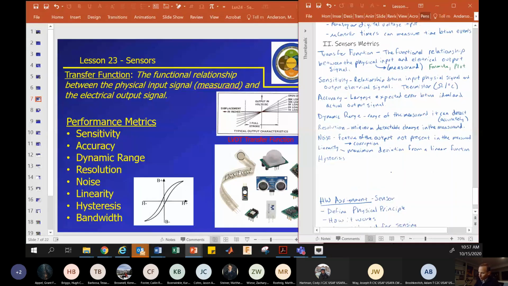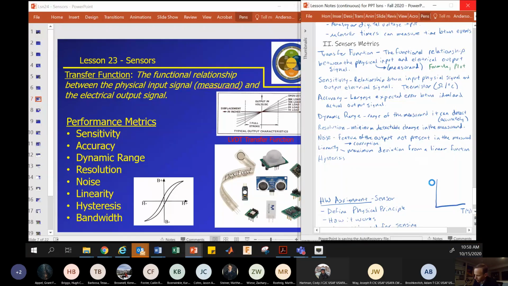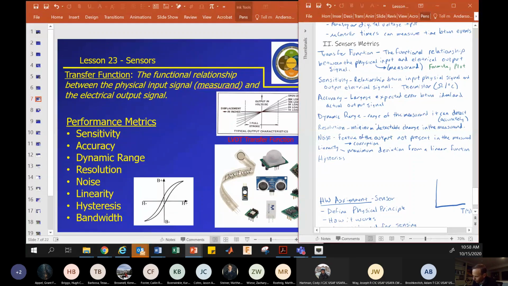So with linearity, say you want to measure temperature, and the real world temperature is changing like this, in degrees Celsius, and then we're getting some voltage out, or maybe it's a resistance. It would be nice if there was this nice linear relationship.